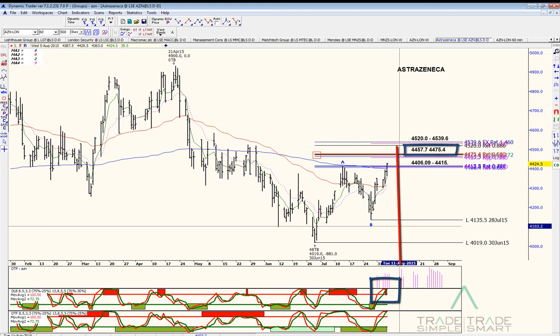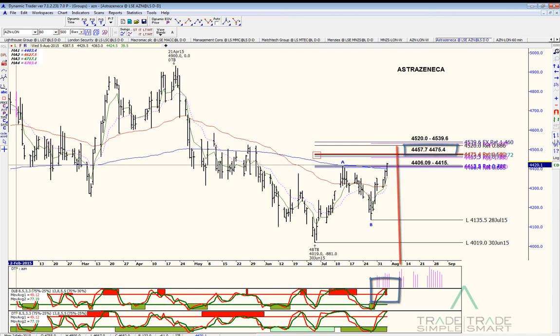In terms of our time window, we're looking from the 11th to the 13th of August. So slightly more upside we're expecting for AstraZeneca, and then we'll be expecting a move to the downside with a minimum target zone of 41.35.5, and then our next target is 40.19.